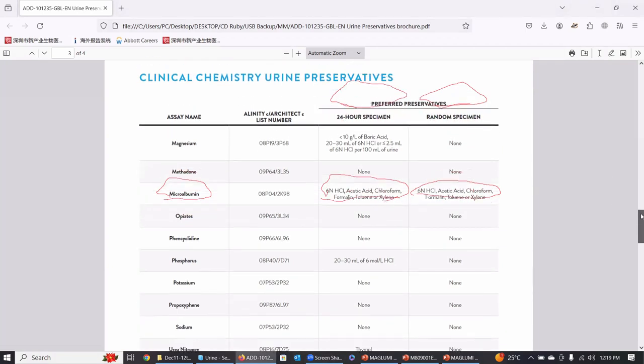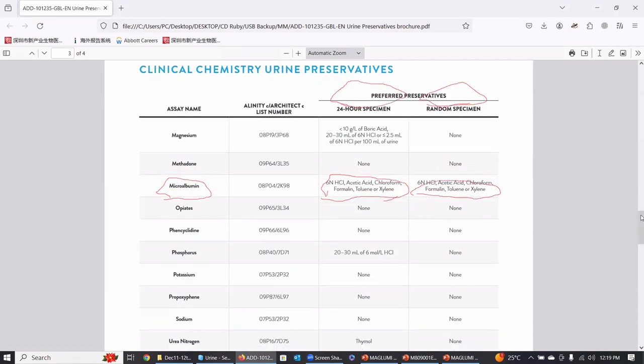You are right for chemistry, but the preservatives are globally recommended. If they want to store or keep the specimen with this microalbumin for the 24-hour collection, then they can use 6 normal HCl as the preservative. This is my perception.